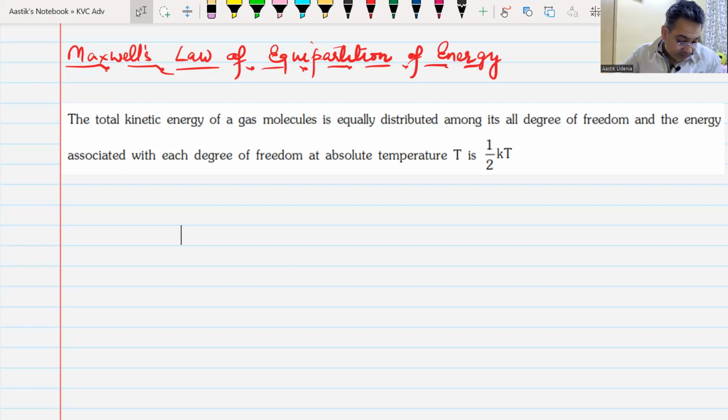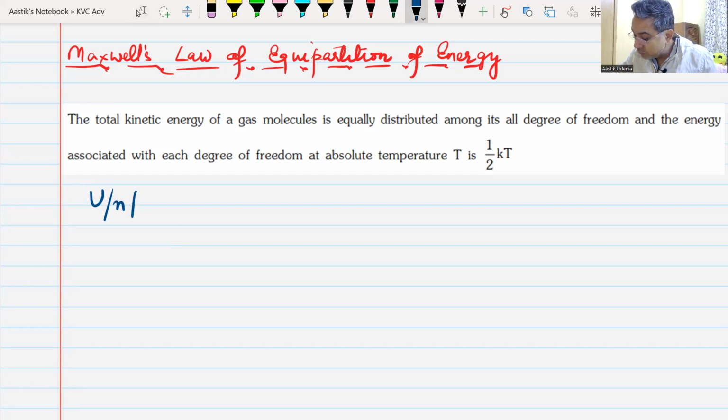So the energy per molecule per degree of freedom is half kT. This law is known as the law of equipartition of kinetic energy or energy.